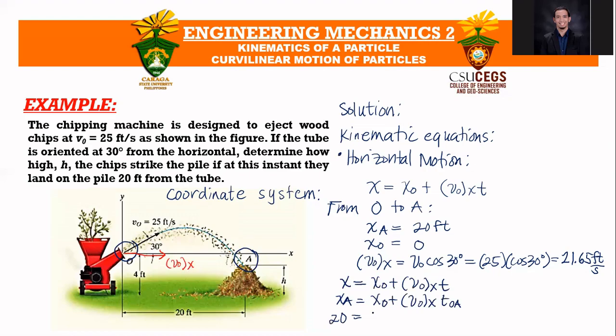XO, which is the initial position, that is 0, plus 21.65 TOA. So ang atong time from point O to point A is equal to 20 over 21.65. So the time t is equal to 0.924.